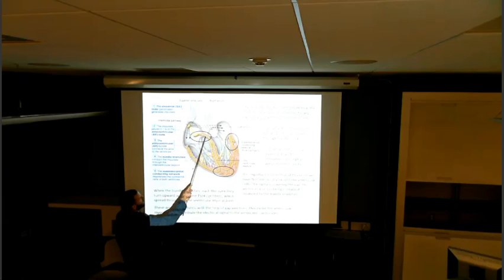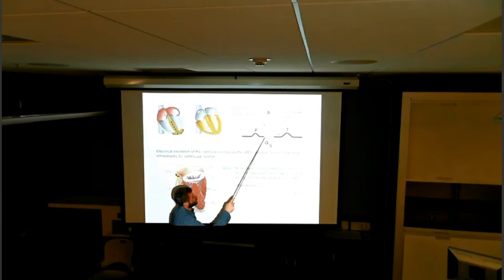And that's what this is showing right here. That signal traveling down, and then once it hits the Purkinje fibers, all the muscle in the ventricles contracts. And when that happens, when the ventricles depolarize, when they become electrically excited, you get this huge electrical event called the QRS complex.